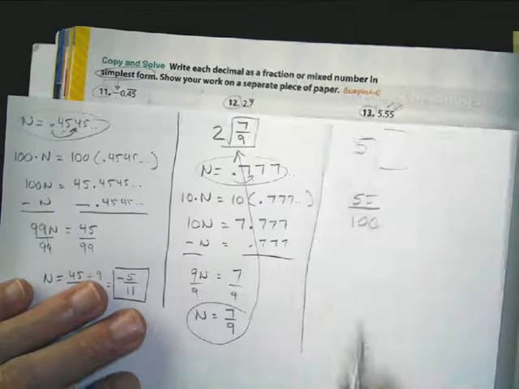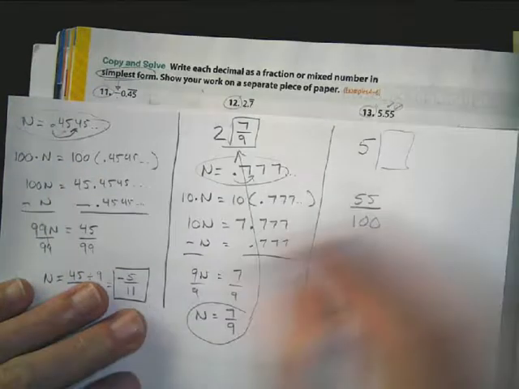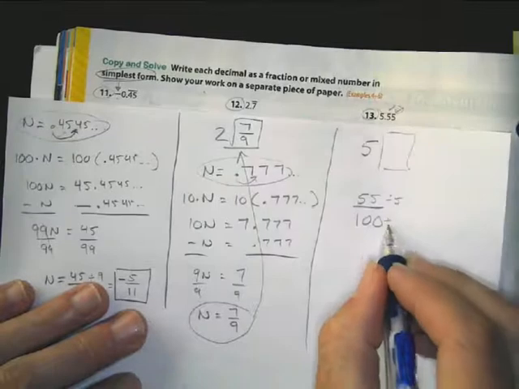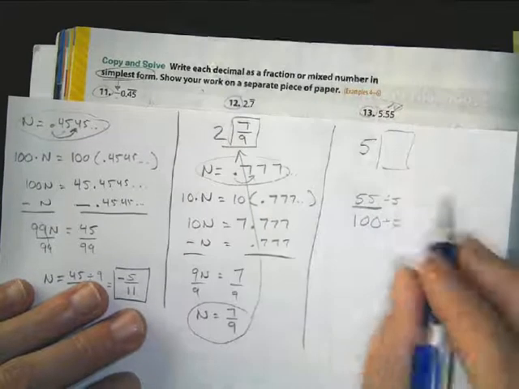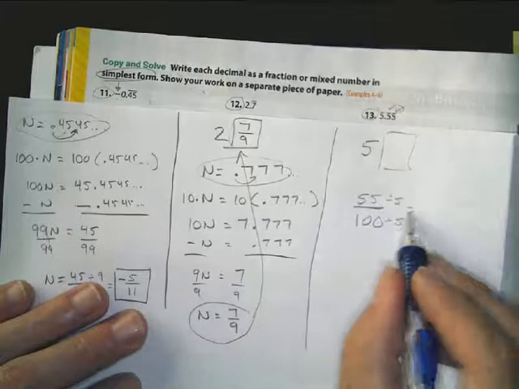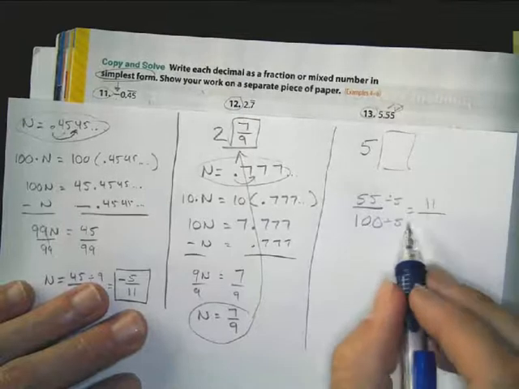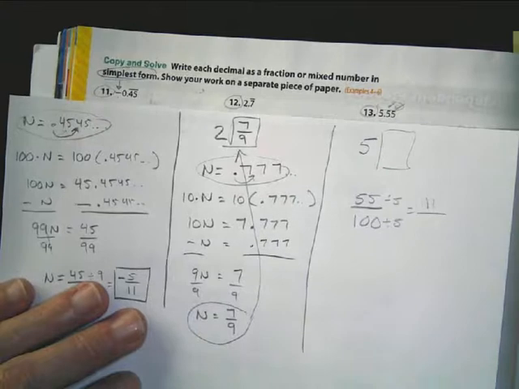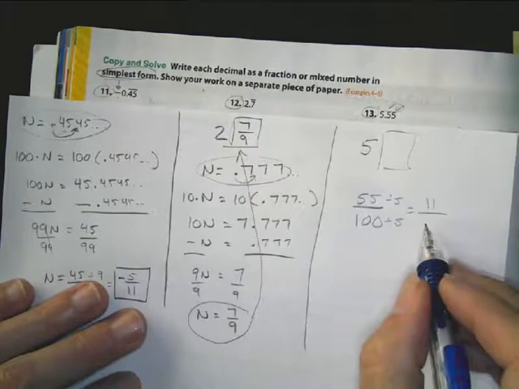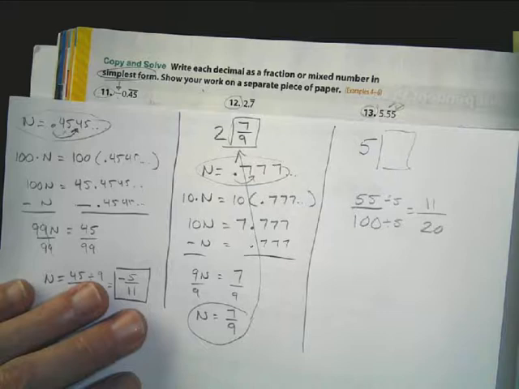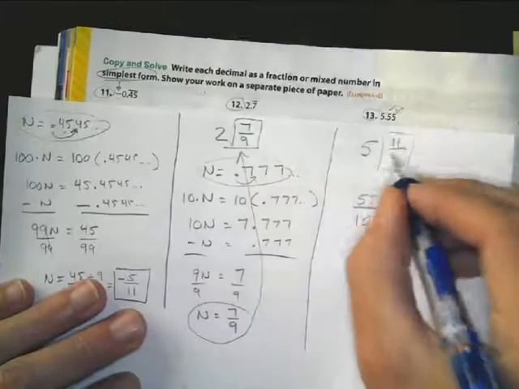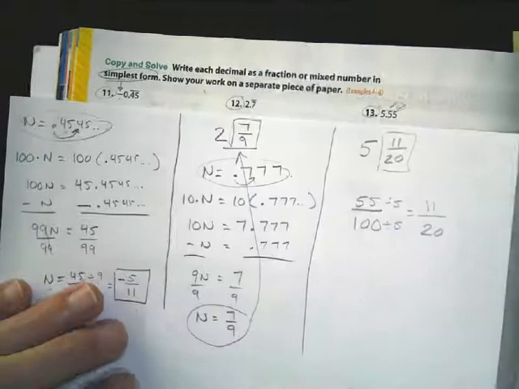And 55 over 100 can be reduced. 55 can be divided by 5, as can 100. 55 divided by 5 equals 11, and 100 divided by 5 is equal to 20. So we end up with 5 and 11/20 for our final solution for that problem.